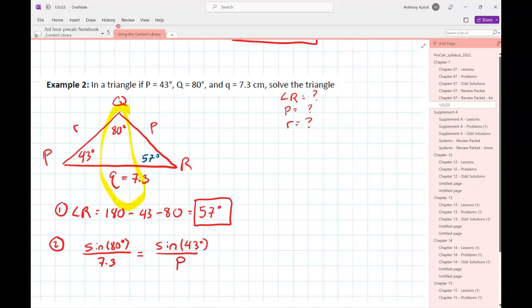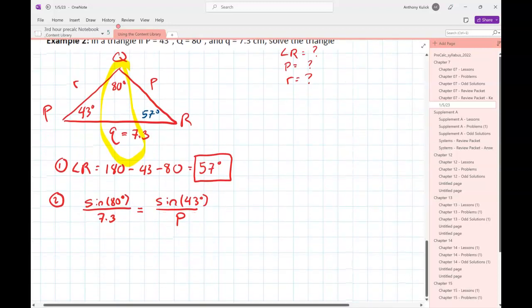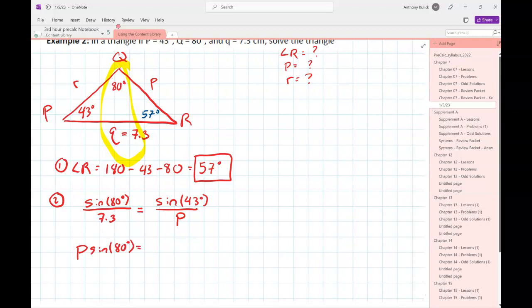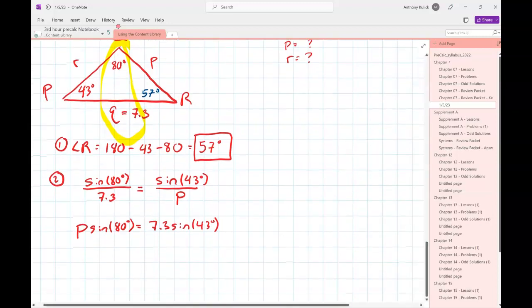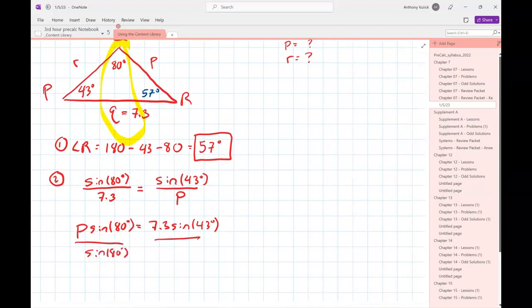So again, just apply the law of sines. I'll cross multiply. And then to get the P by itself, I need to divide by sine 80.